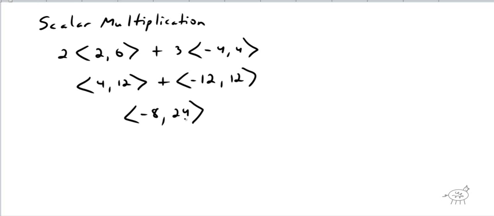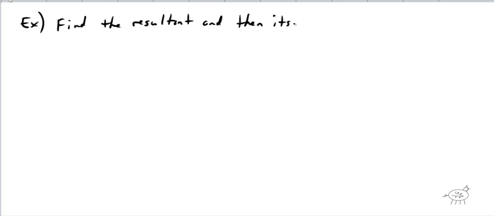Okay. So we're going to kind of pull all the stuff together here now that we just learned. So here's the example. It's going to say find the resultant and then its magnitude and direction angle. And here are your vectors.